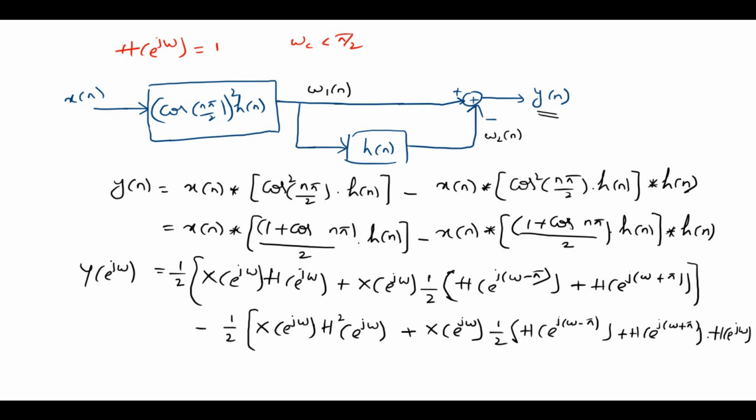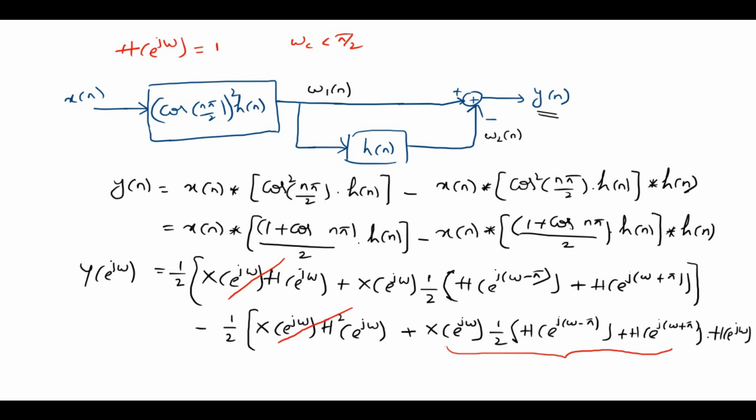Now see here, h of e power j omega into h square of e power j omega, even the square, its value is 1 only, so this term and the first term will get cancelled. And here, h of e power j (omega minus pi) is shifted by an amount pi, so it exists at the high frequency components.